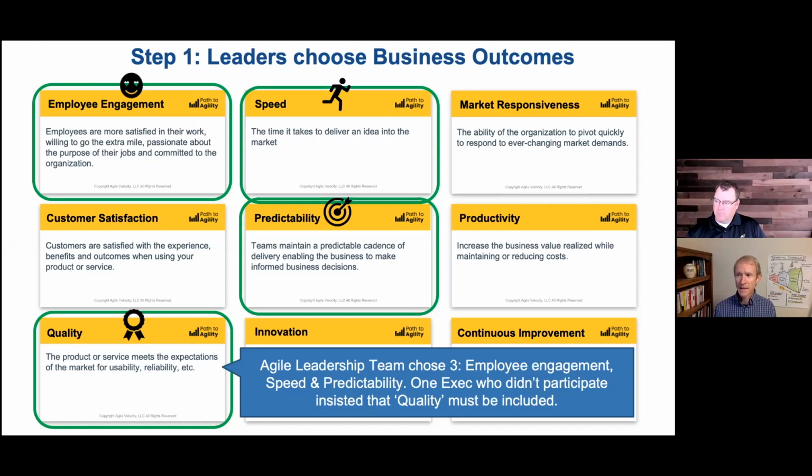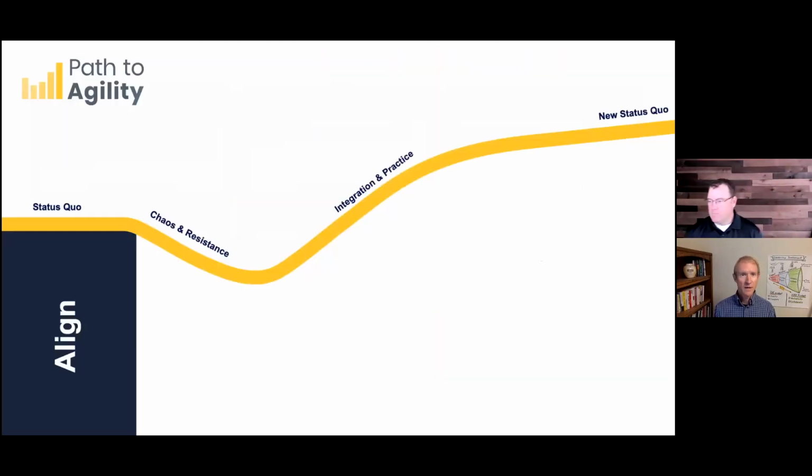And I think a lesson here is, when you're selecting these outcomes or goals, it's really critical that you have the right leaders participate in this activity. If we had, we probably would have narrowed it down to 3 rather than 4 to start with. So I will turn things back over to David.